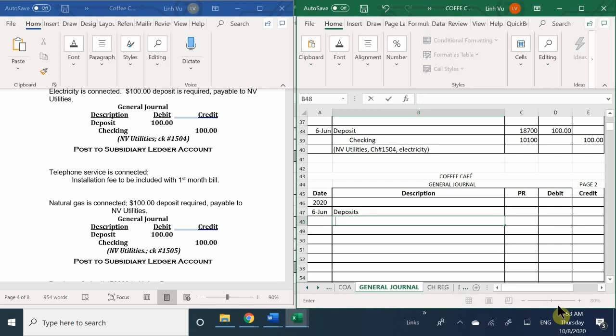I got deposits, and I'm taking this away from my checking account. Same thing as on the previous one. Yes, same exact thing. So 18,700, and my checking account should be 18,100. All right, and I paid out $100.